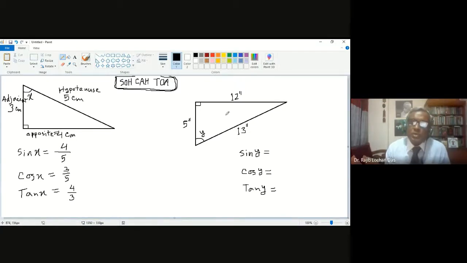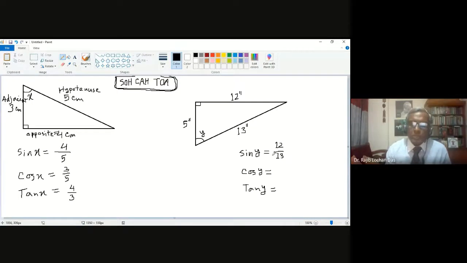In this case, opposite is opposite to the y angle. Opposite to the y angle is 12. And opposite to the 90-degree angle, that is the hypotenuse. So 12 divided by hypotenuse means 13. This is sin y.